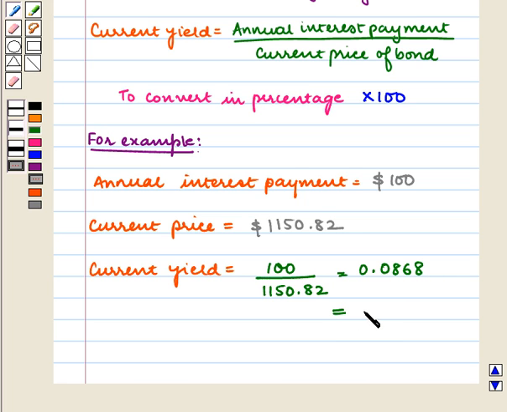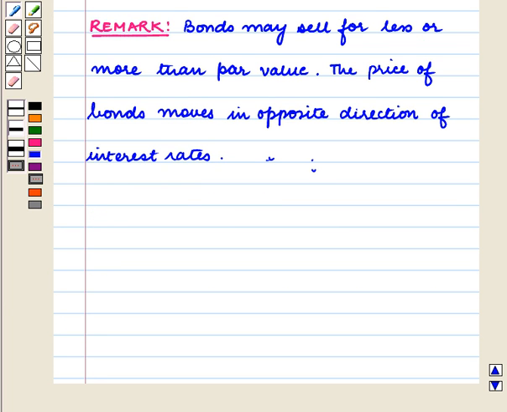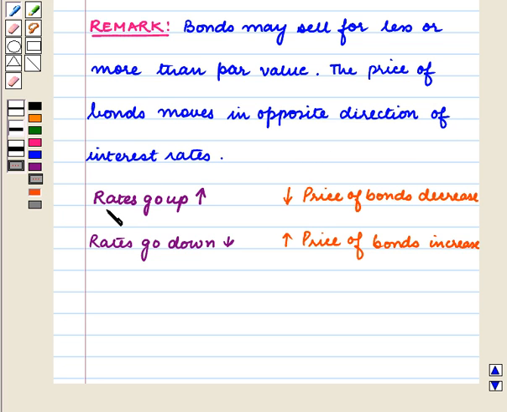That is equal to 8.68%. It is important to note that bonds may sell for less or more than par value. The price of bonds moves in opposite directions of interest rates. If rates go up, the price of the bonds decreases, and if rates go down, the price of the bonds increases.